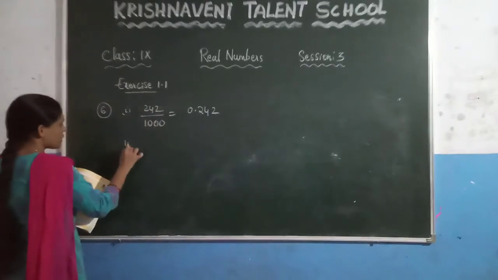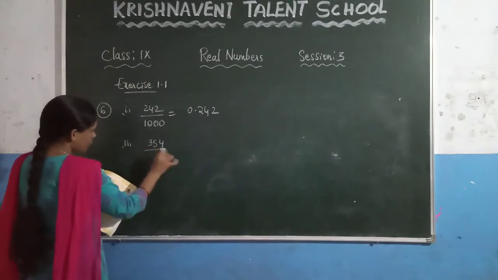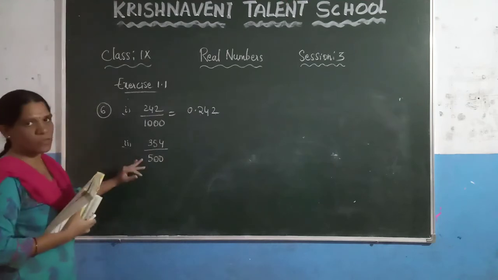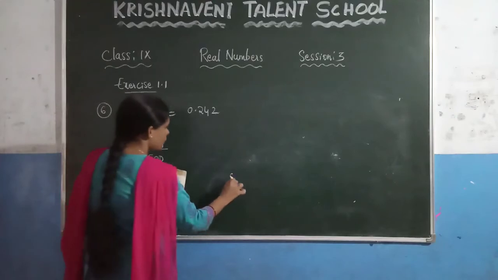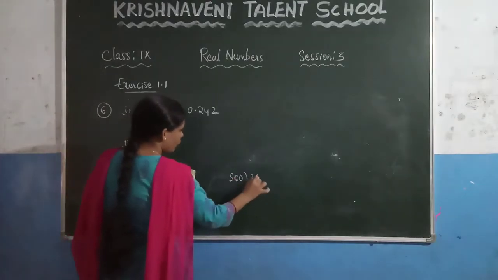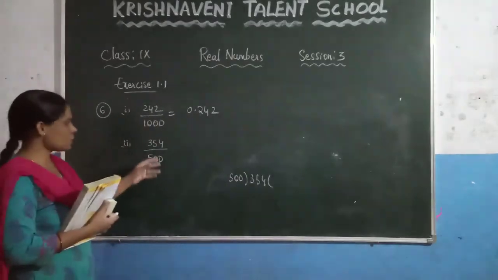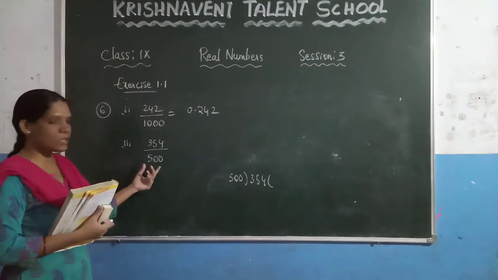And now see the second question. 354 by 500. You have to write this one in the decimal form. So here you need to divide 354 by 500. But since it is a long process, let us make the denominator in the form of tens.